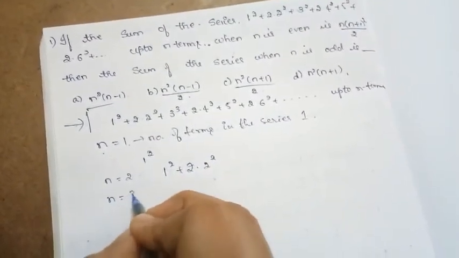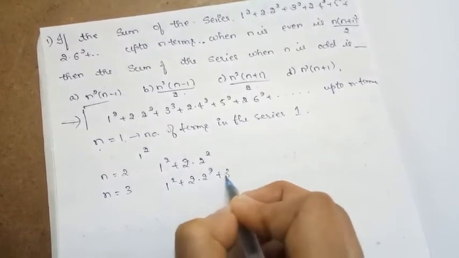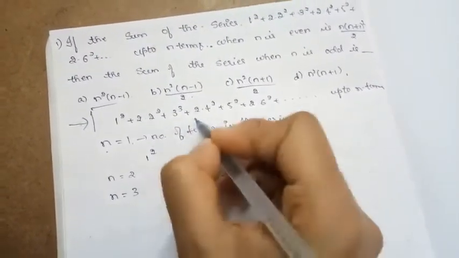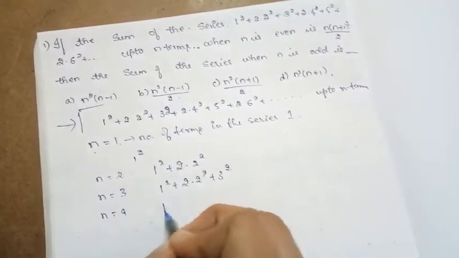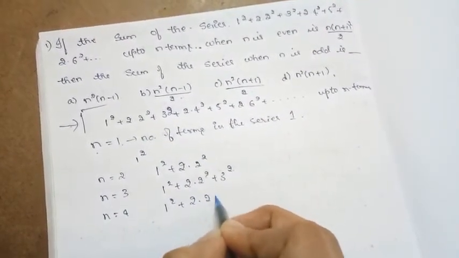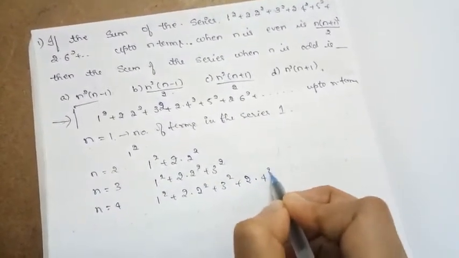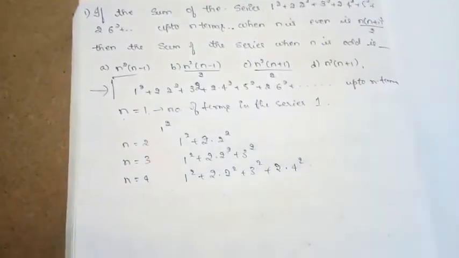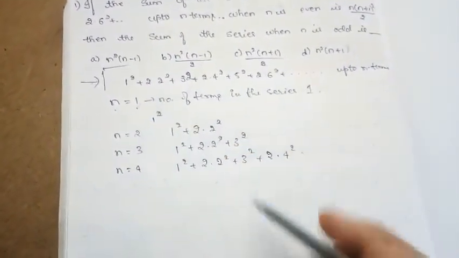When n is equal to 3, it becomes 1 square plus 2 into 2 square plus 3 square. It is 3 square, not 3 cube. When n is equal to 4, it becomes 1 square plus 2 into 2 square plus 3 square plus 2 into 4 square.